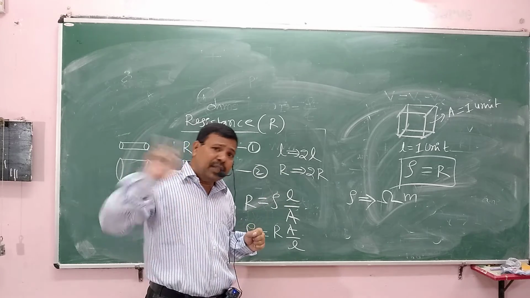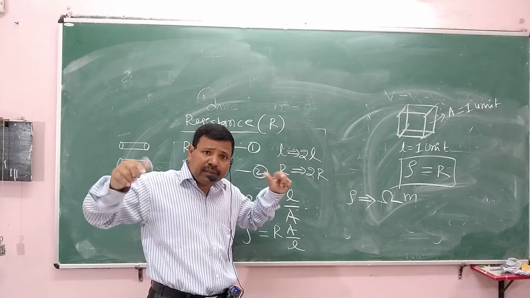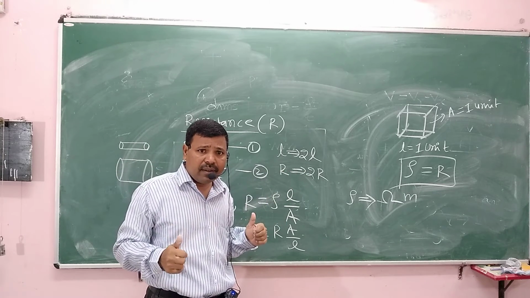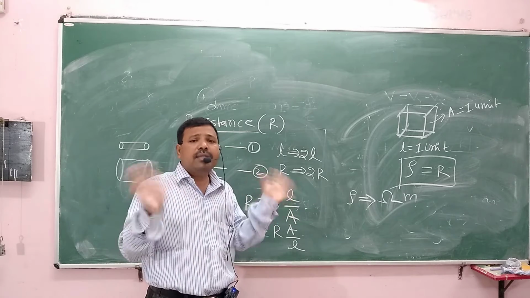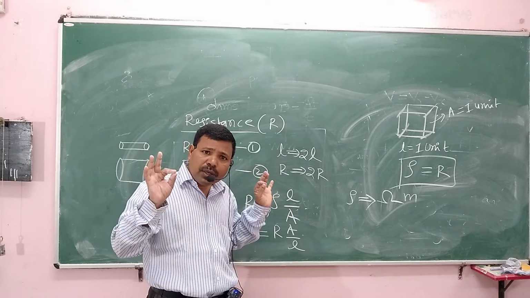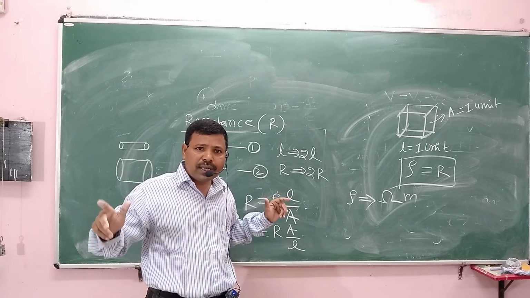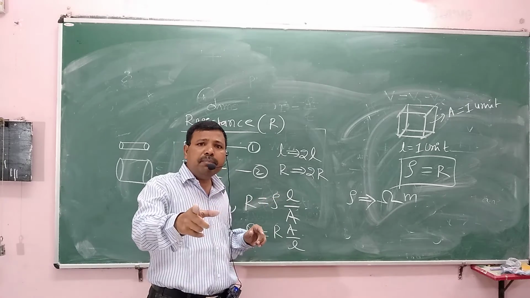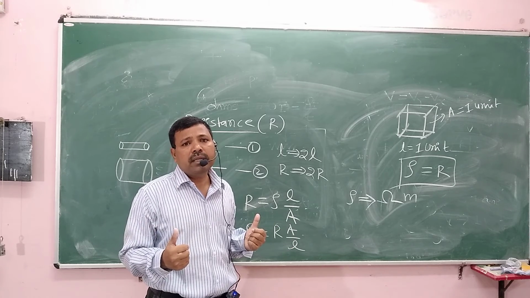Whereas it will have different resistances when it has different lengths and different cross-sectional area. Therefore, the conclusion is simple. Resistivity does not depend on length. It does not depend on cross-sectional area. It only depends on the temperature and the nature of the material.